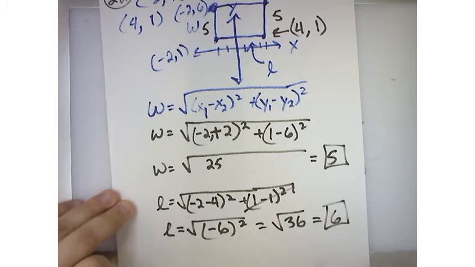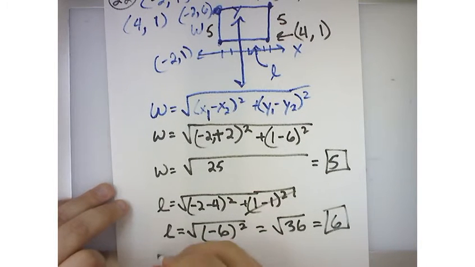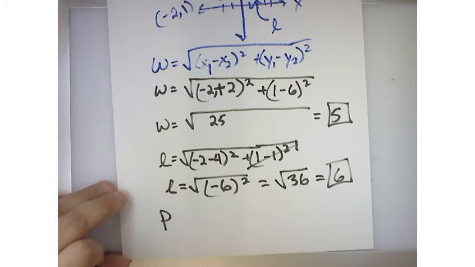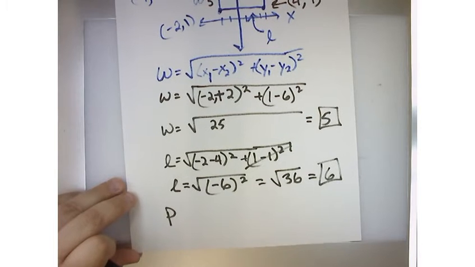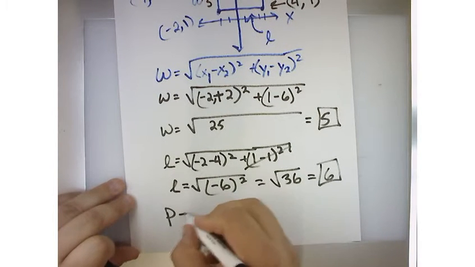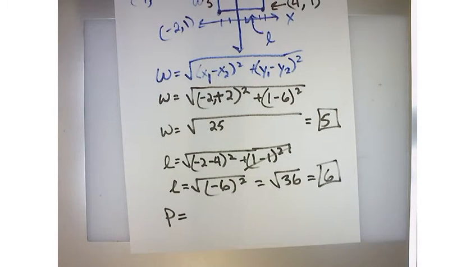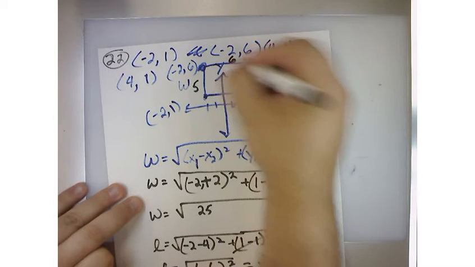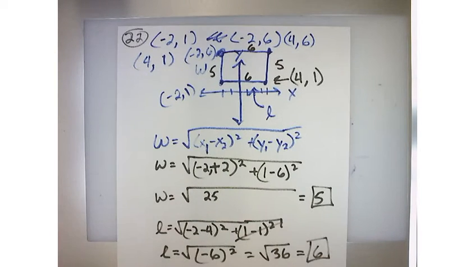Now they ask for the perimeter, so to find the perimeter, what do I have to do? Base and height. No, that's for the area. The perimeter is what? Think of putting a fence. Think of this as being a yard. If this is 6 and this is 6, and I want to put a fence around there, how much fence do I need? 2L plus 2W.